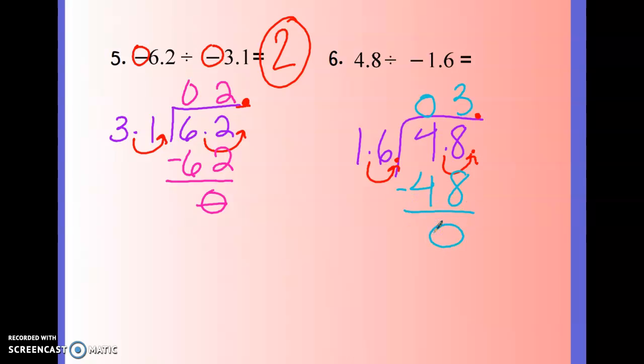So again, I have a whole number because my decimal's to the right of it. So I go back to my problem. I have 1 positive, 1 negative. So my answer is going to be negative. So we're just dividing like we normally do and then applying our integer rules at the end to find out if our answer is positive or negative.